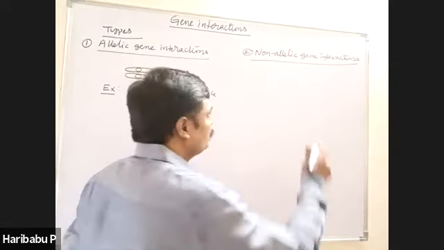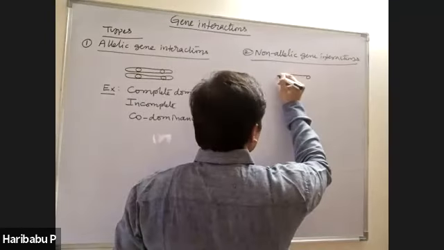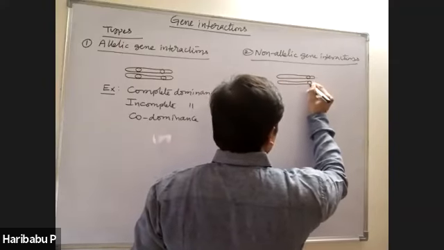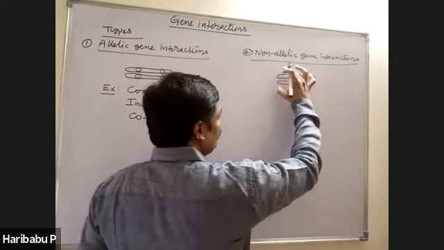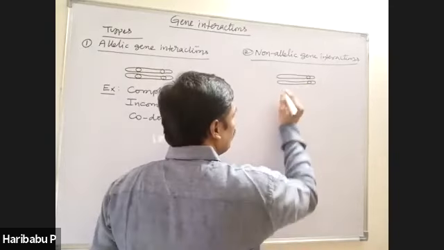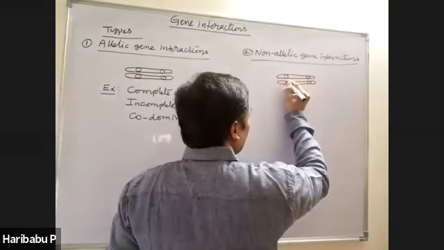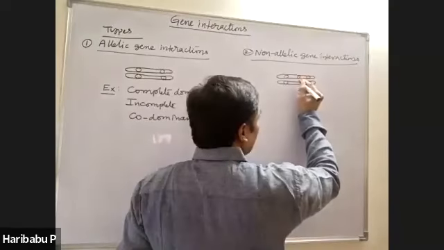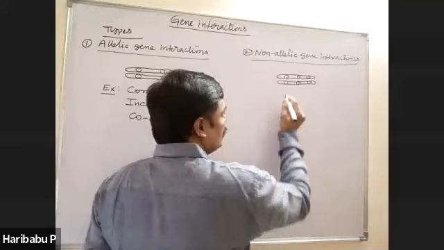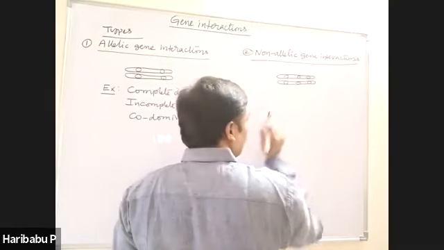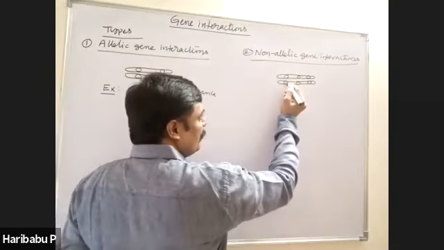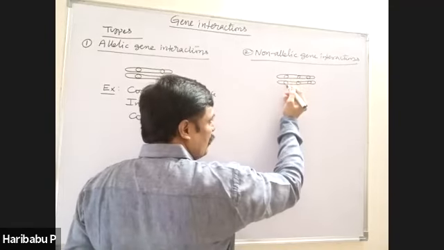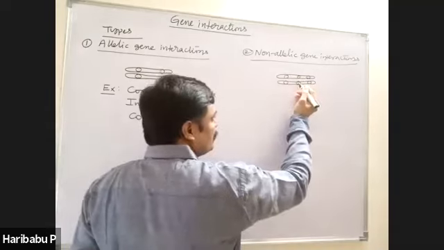For example, this is one homologous chromosome, this is another homologous chromosome, therefore it is a pair of homologous chromosomes. Here is one locus, and this is another locus. Here two different loci are there. Here one pair of alleles, here another pair of alleles, or otherwise you can say here one gene is present, here another gene is present.